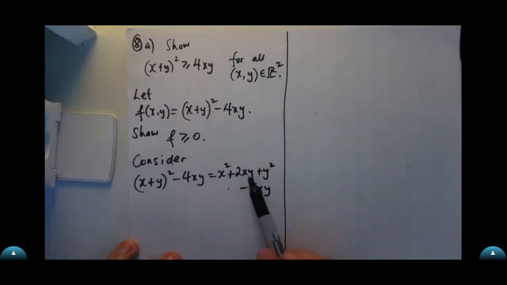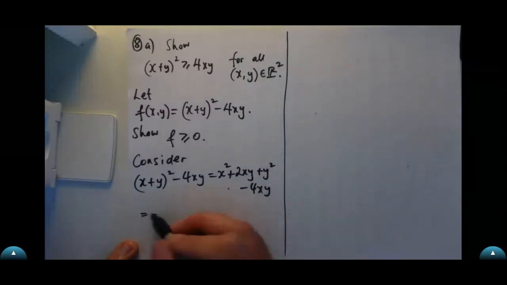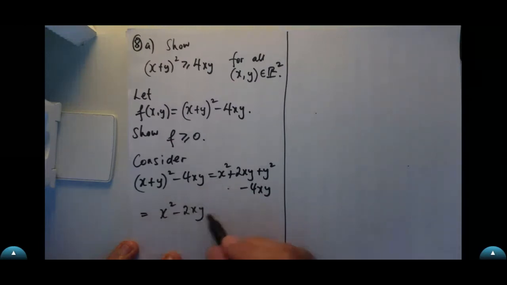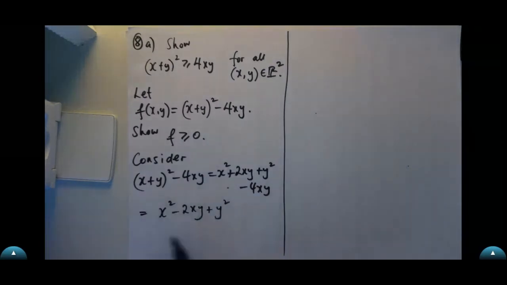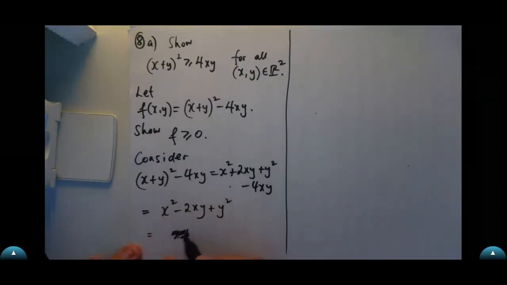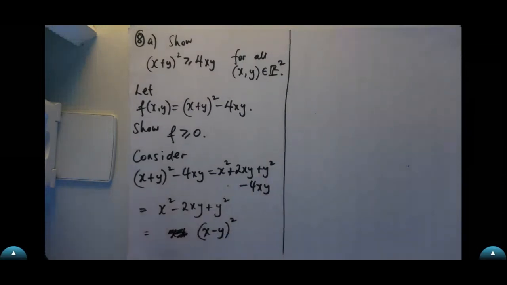You can see I can simplify these terms. And now I can put it back together again. This is a perfect square here. Oops, sorry, minus. And we know that this is definitely non-negative.